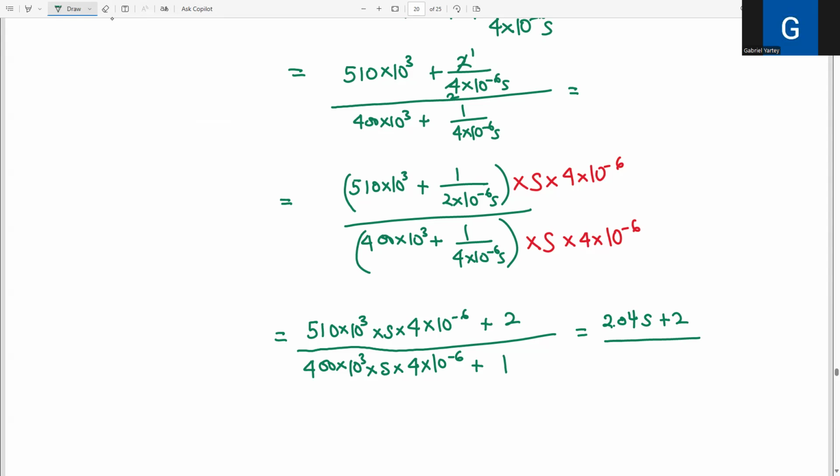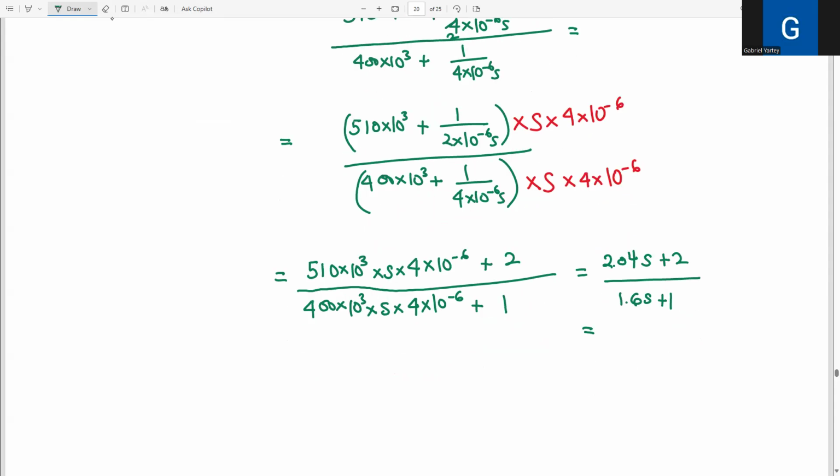I get 1.6 s plus 1. I can do the same thing that I did in a previous question to simplify further, but I don't think I have the heart to do it. So I'll leave it here. I can still find my transfer function here. It's actually not that hard.